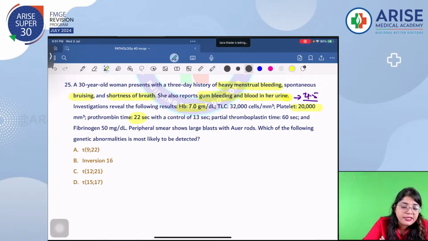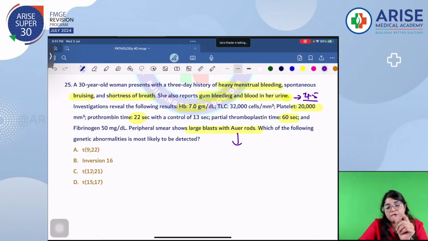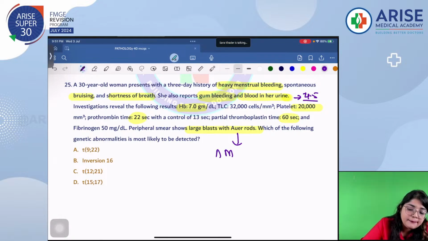Here, PT is increased, APTT is increased, and peripheral smear shows large blasts with Auer rods. So, you know, Auer rods are nothing but the fusion of primary granules or lysosomes. So this is nothing but your AML M3.